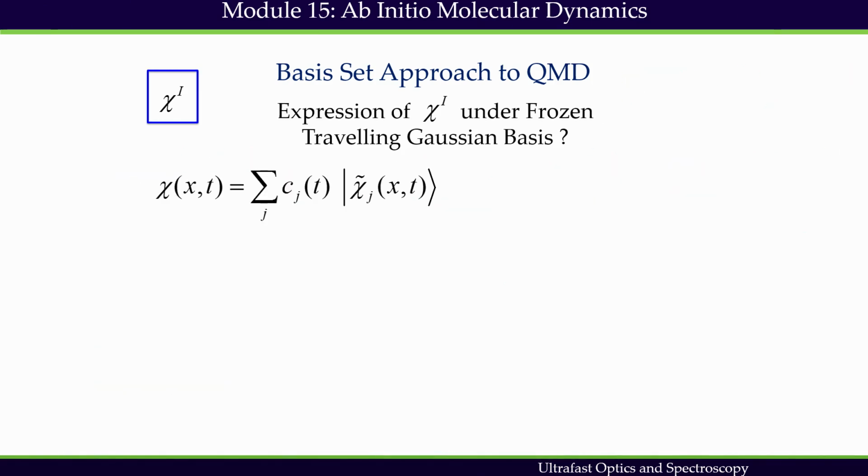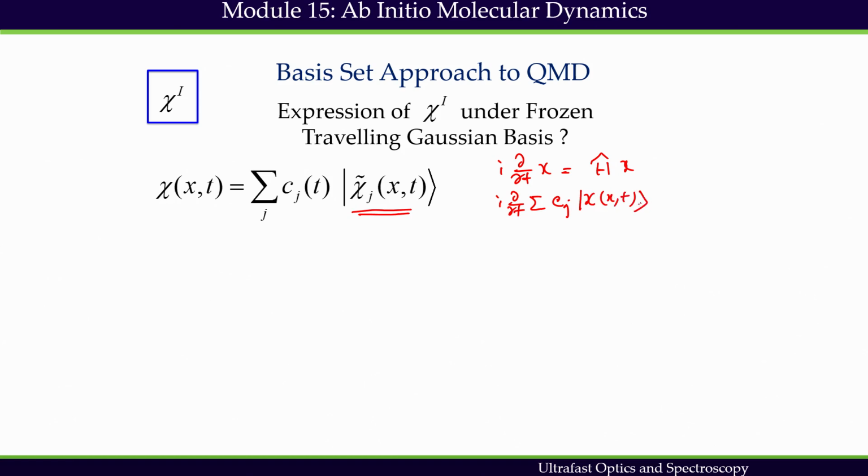Now we can consider a time dependent basis, and if we do, then again we have to plug that into the time dependent Schrodinger equation, which is the partial derivative of chi equals h chi, and it is nothing but i del/del t of the summation of c_j chi, which is now a function of x and t.